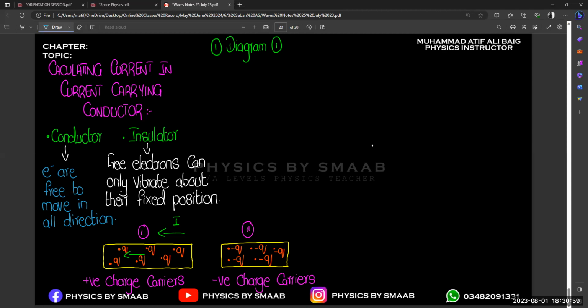So in diagram number 1, we can say that the drift speed is in the same direction as the current.